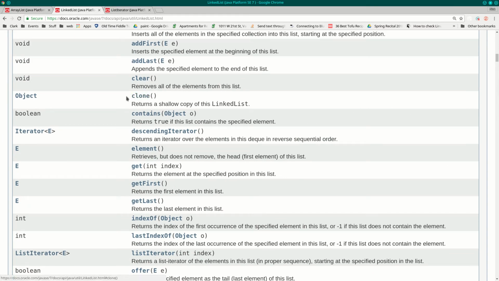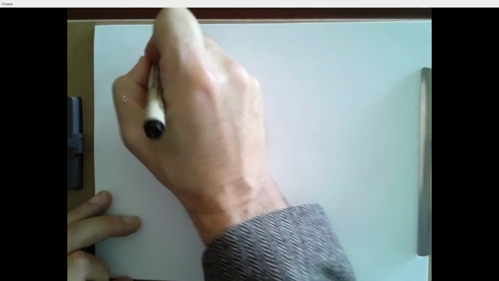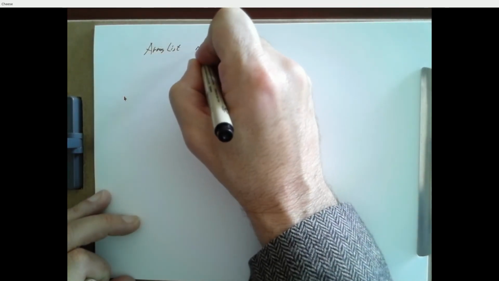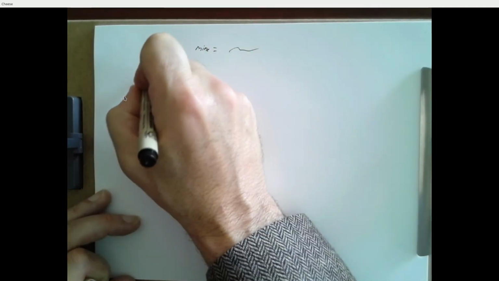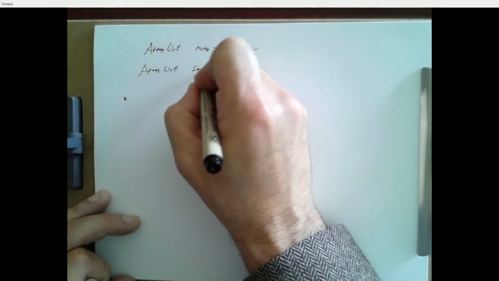I also want to talk about this clone method. Most of these objects have the ability to be cloned. And remember, if you do something like this, so let's make an array list. We have an array list called mine, and you construct it and you put some data in it and so on.